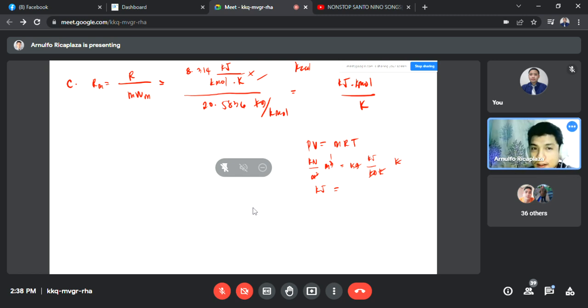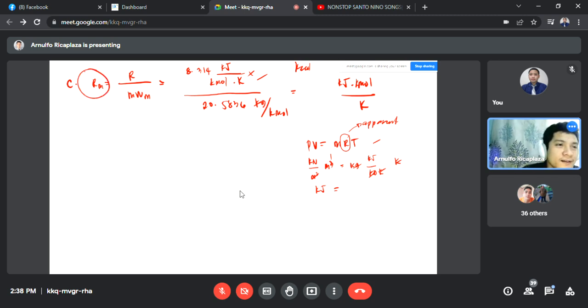Let me show you. If you look here, guys, in our unit analysis of PV = mRT, that R is the apparent, not the standard. The R here is the R_m, the R of any gas, because it is divided by kilogram per kilomole, the molecular weight.